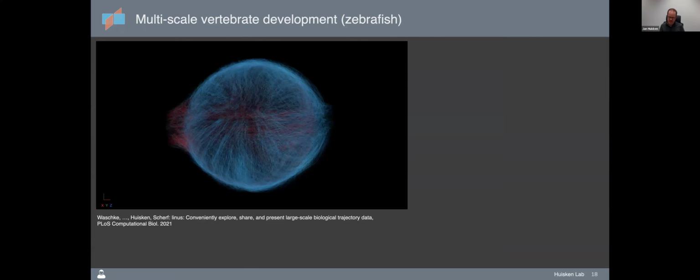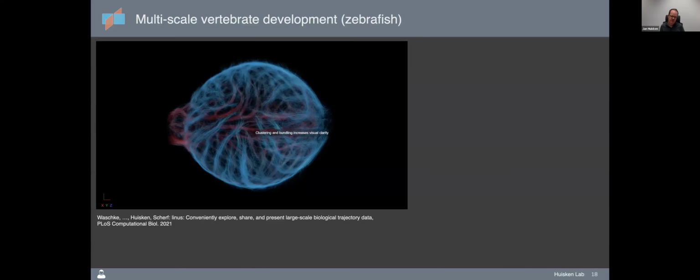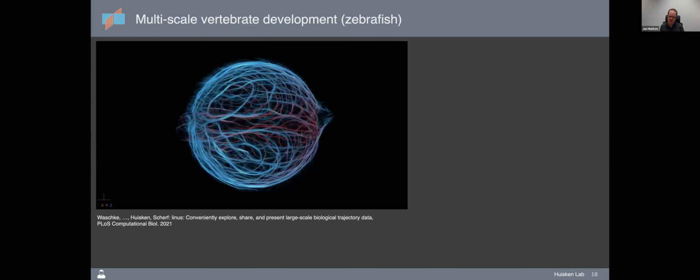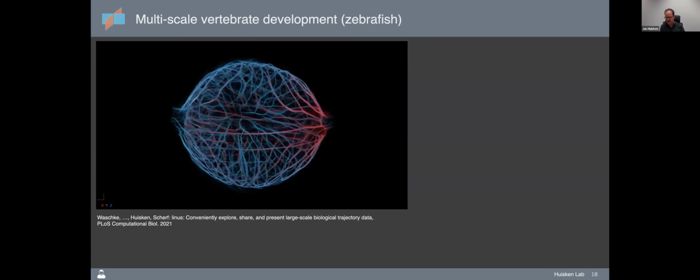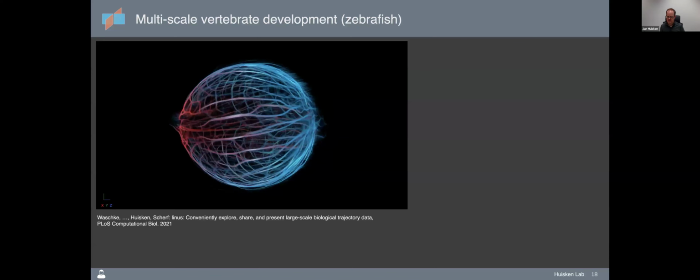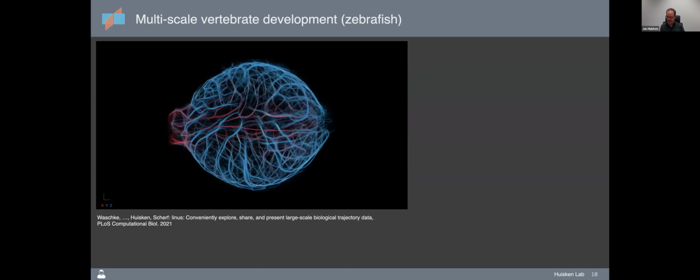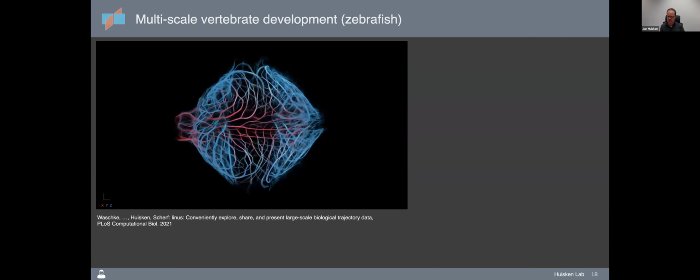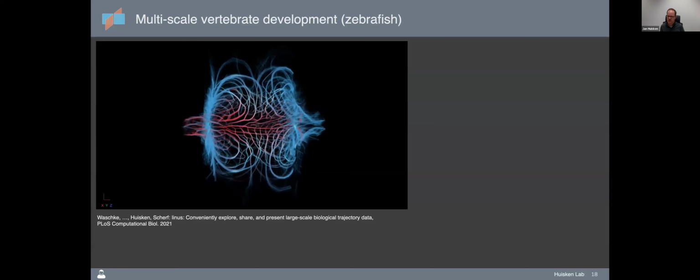So I briefly mentioned, and again, don't have time to go into this, but just want to emphasize how important it is to actually visualize the data and represent the tracks that all these cells are taking. I showed you the gastrulating zebrafish, to visualize the data and to condense it in a more digestible form, so that maybe sometimes these 5-dimensional data sets need to be reduced to a 2-dimensional image.